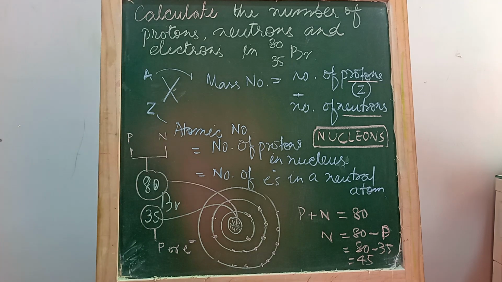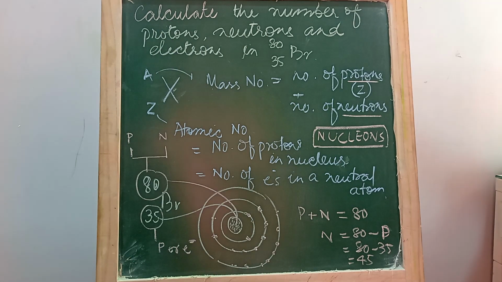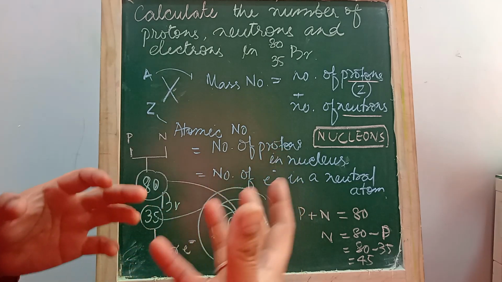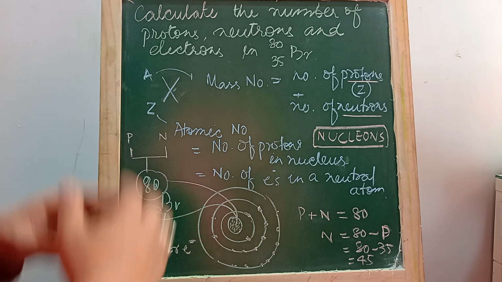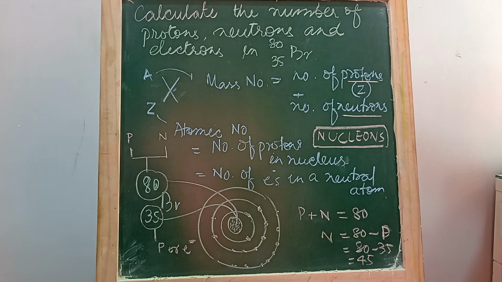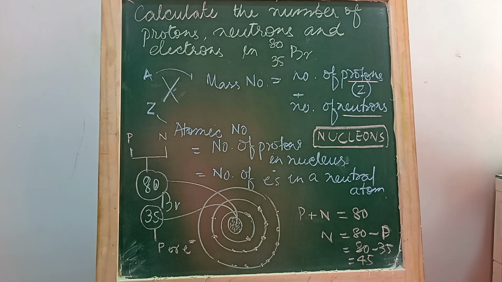To understand the relative size, if a cricket ball is assumed to be the nucleus of an atom, then the radius of the atom will be around 5 kilometer. But the mass of the atom is concentrated in the nucleus.